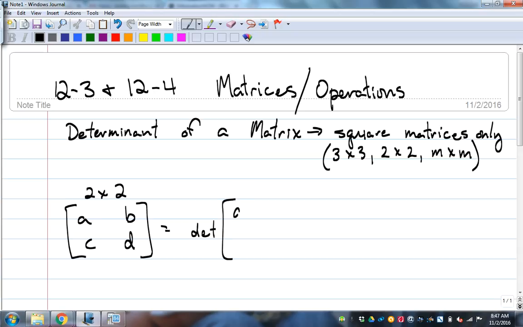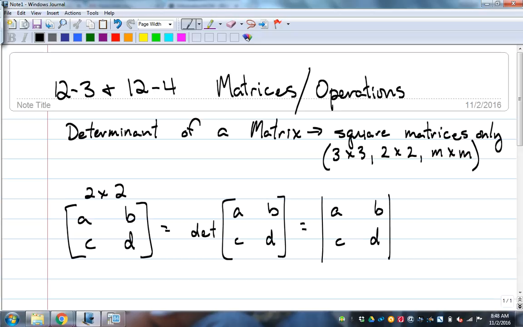of A, B, C, D, the notation that can be used for that, when you look at this on an ACT test or whatever, they're going to use what looks like absolute value marks instead of the square brackets. It's just straight up and down. There are 2 different ways that they'll ask you to find the determinant.